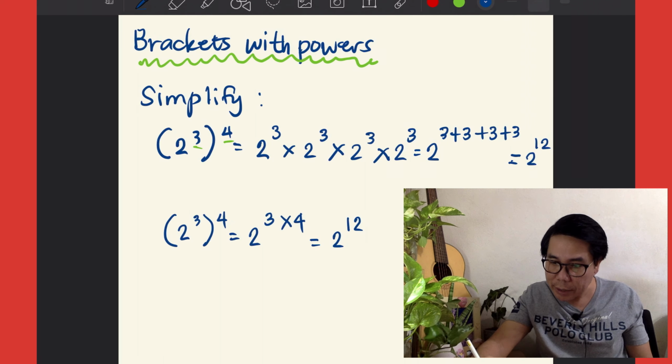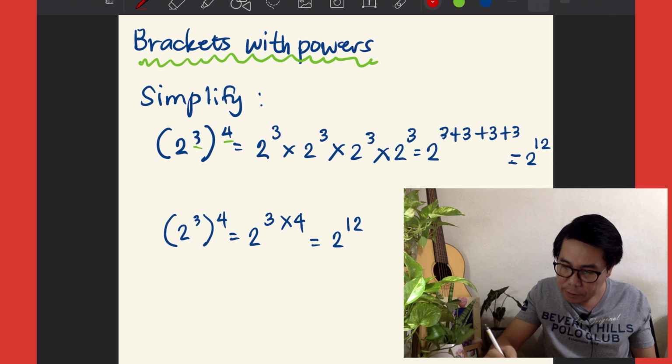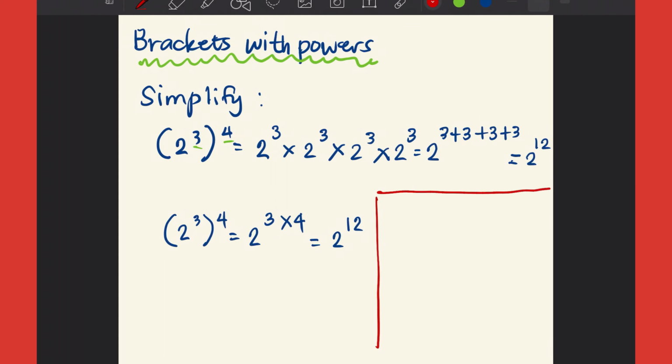Okay, so let's generalize this one. Therefore, if we have a raised to the power of n, to the power of m, it is equal to a to the power of nm.